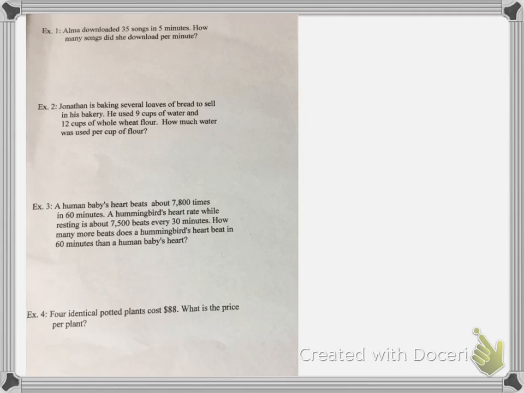So she downloaded 35 songs, so that's the first thing mentioned, in 5 minutes. So minutes is the second thing mentioned. How many songs did she download per minute? So that's pretty important there. Per minute means 1 minute.